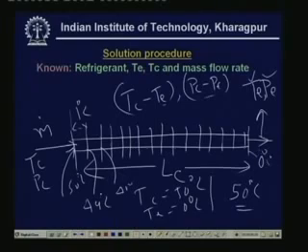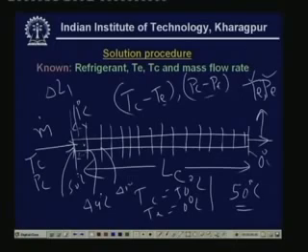So I take the first element, and for the first element, from the given information I find out what is the length required, so that this 1 degree temperature drop can take place across the first element. So that is delta L1.